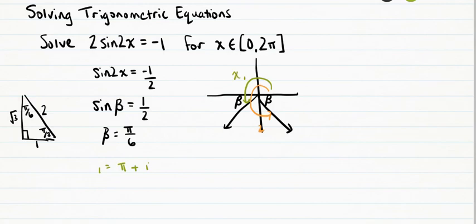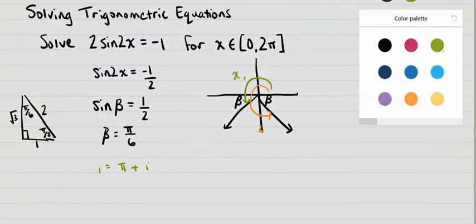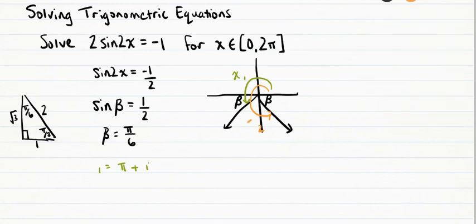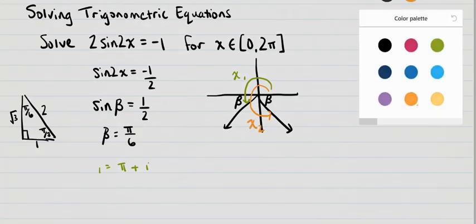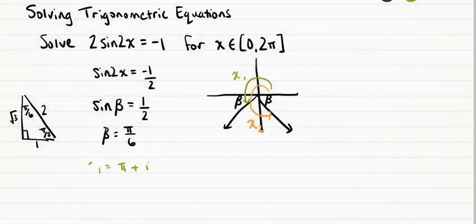So when we solve for x1, that would be pi plus beta, so pi plus pi over 6. That gives us 7 pi over 6, since 6 pi over 6 for pi, plus another pi over 6 gives us 7 pi over 6.